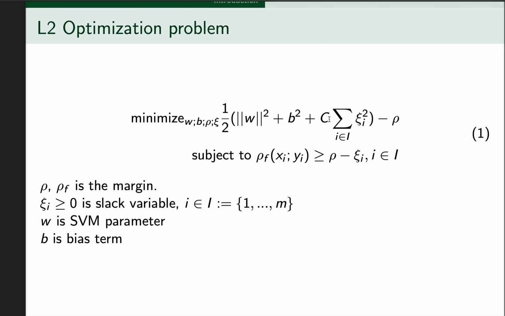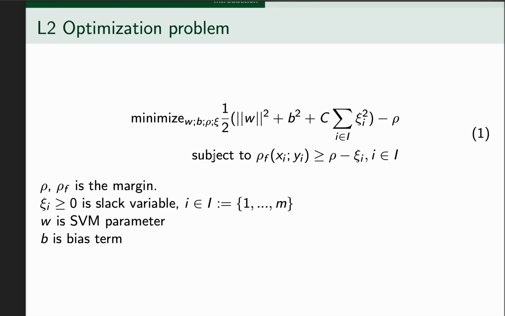C is a constant, and in the L2 problem we add the slack variable ξ, which is greater than 0, for each training data in the dataset.